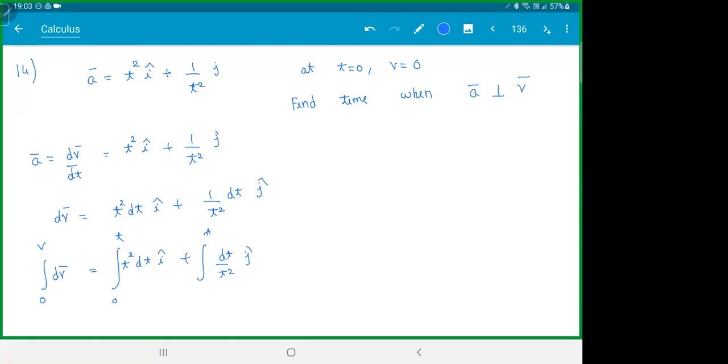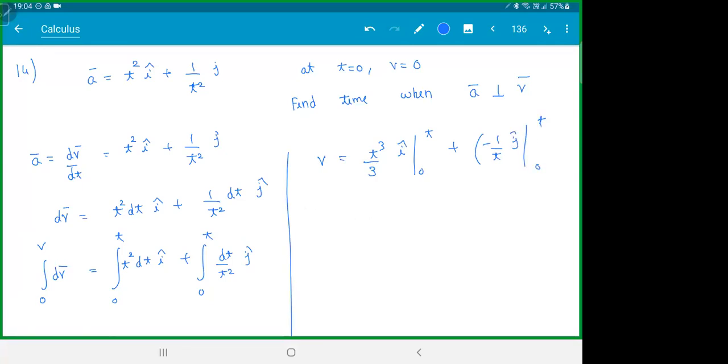But anyways, I'll just show you what is a goof up in case you didn't understand. So this will be v on the right hand side. This will be t cube by 3 I cap. There is no problem there. This guy is minus, limits will go from 0 to t, plus this will be minus 1 by t j cap. Limits will go from 0 to t.